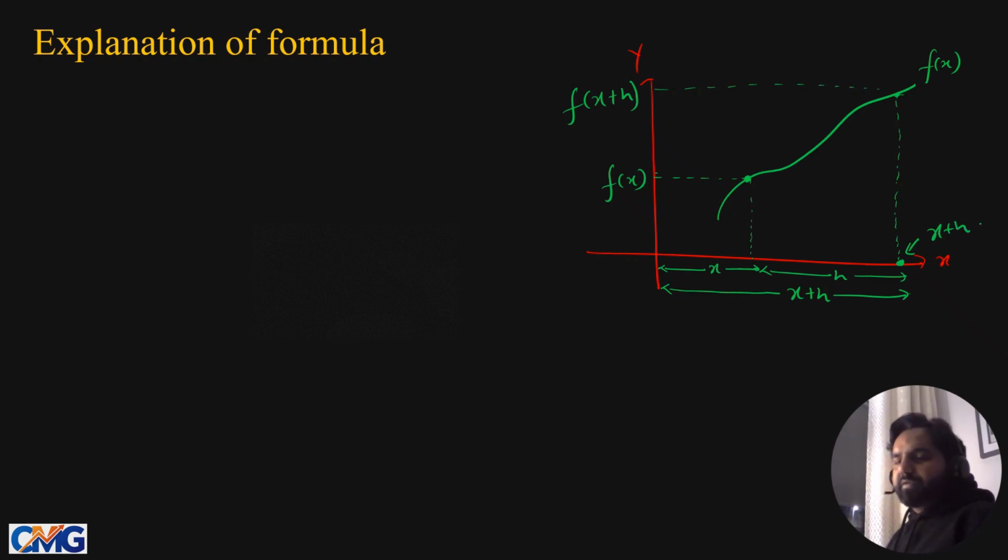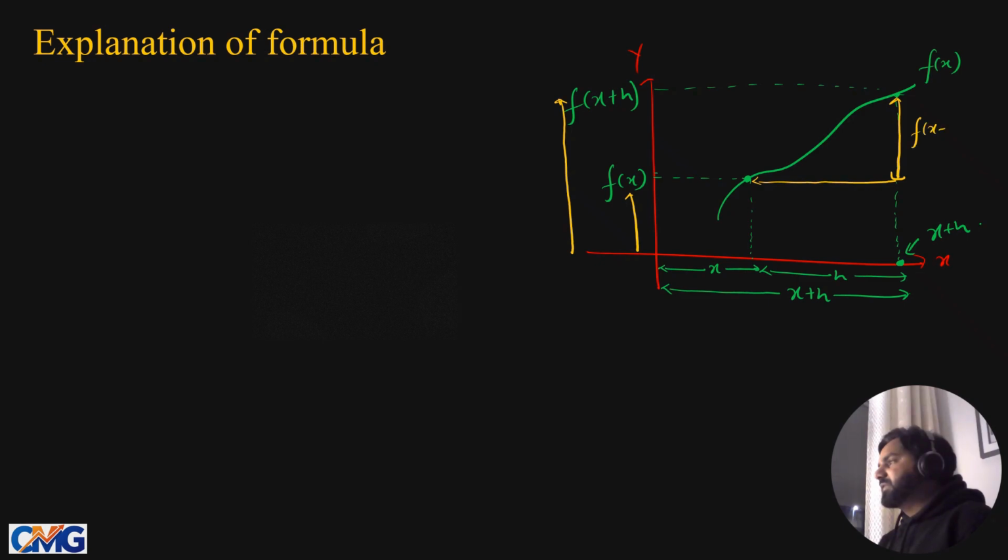Okay, so we know how to calculate the slope of any function. The slope is always rise over run, right? So what is this function? If you see, it is f of x plus h, take away f of x. So I can write f of x plus h, take away f of x.